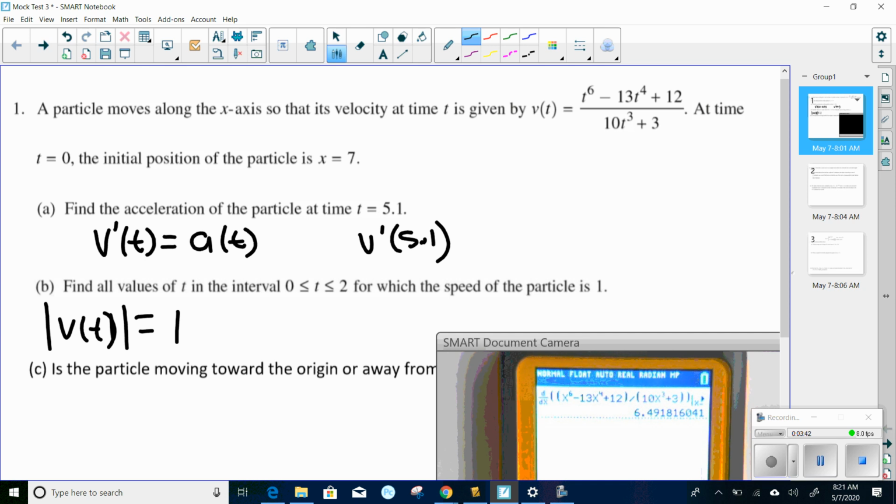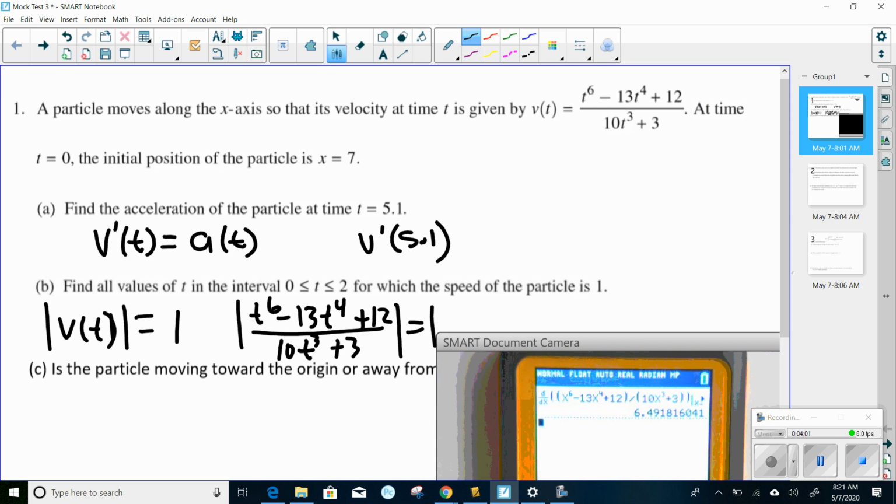So that means I'm going to use the absolute value of t to the 6th minus 13t to the 4th plus 12 over 10t to the 3rd plus 3. We want to find out when that's equal to 1.